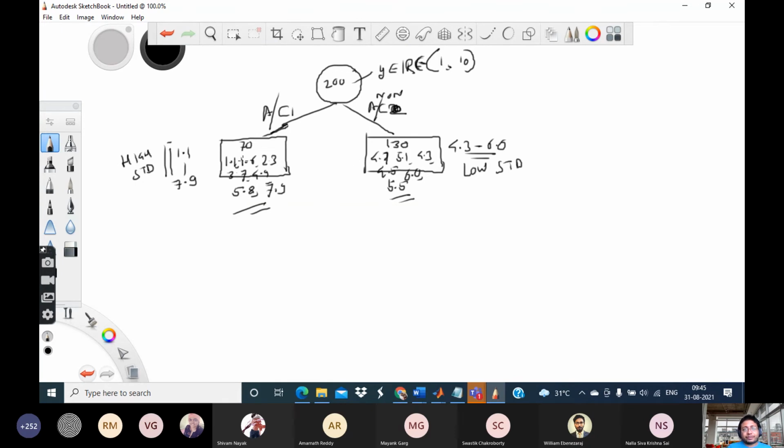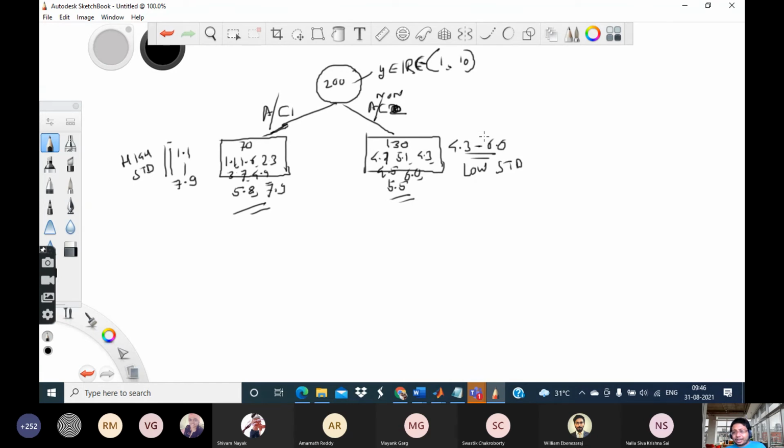Because high variance means the target value is taking values from a much wider range, so it is very difficult for me to pin down a single value where I can make a prediction. In this case, since the variance is less, the target variable has a much smaller range.